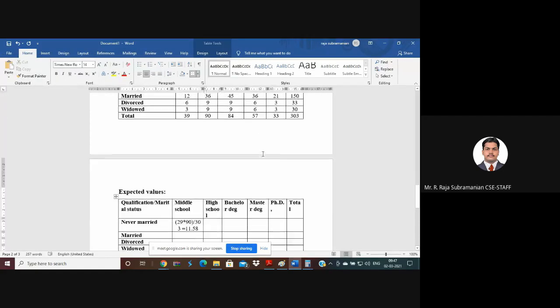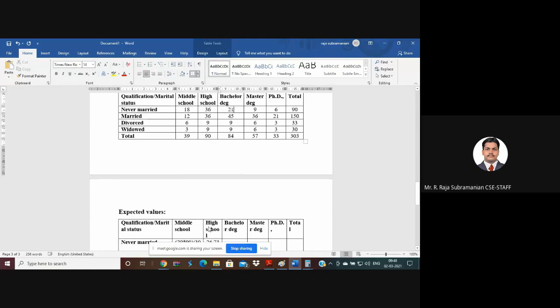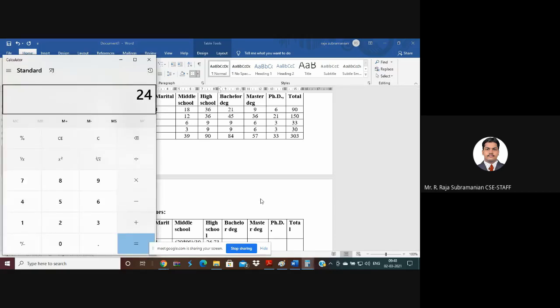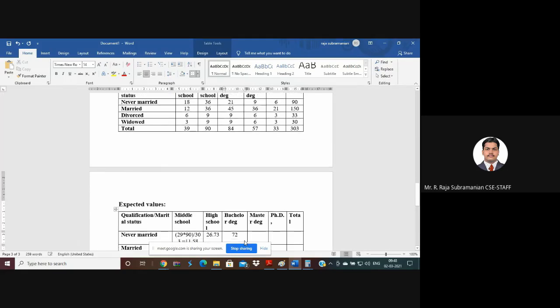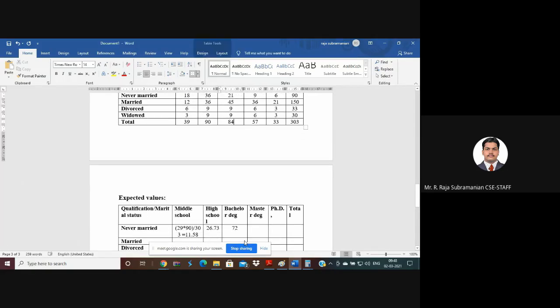I go here, it is 26.7. Similarly, this is 84 into 90 divided by 303. No more much deviation is there.